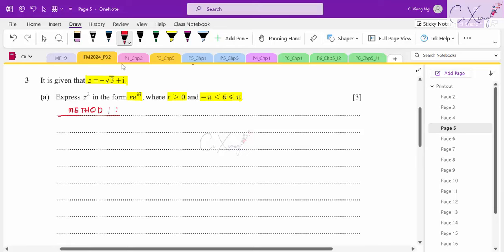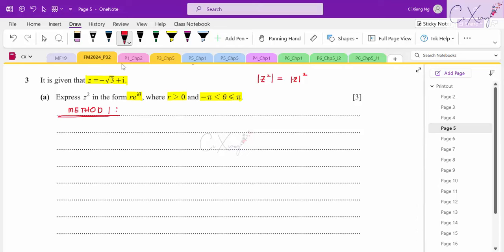For method number 1, I use the idea that the modulus of z squared should be equal to the modulus of z, squared. This is something that we should know; it is a simple property that we can apply.